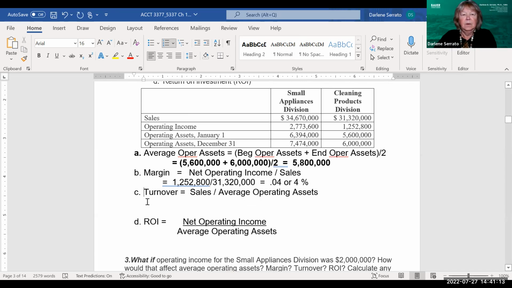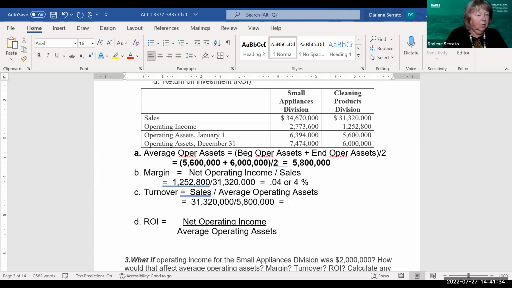Okay. Turnover. Sales were 31,320,000 divided by average operating assets, which was the 5,800,000. And that equals 5.40.